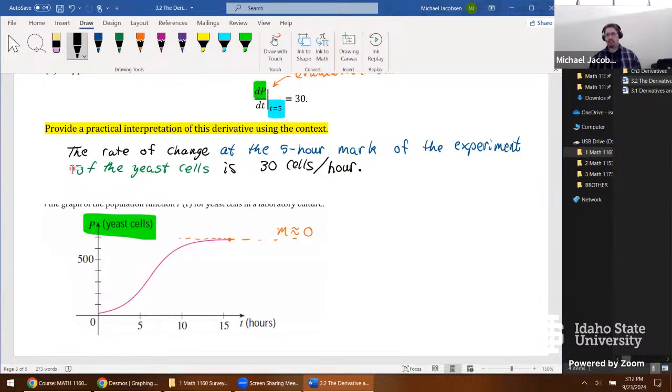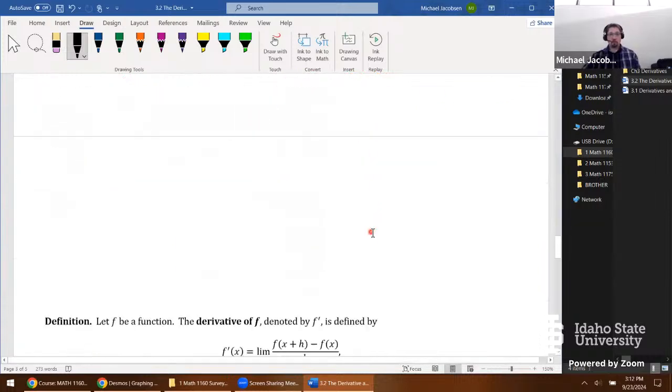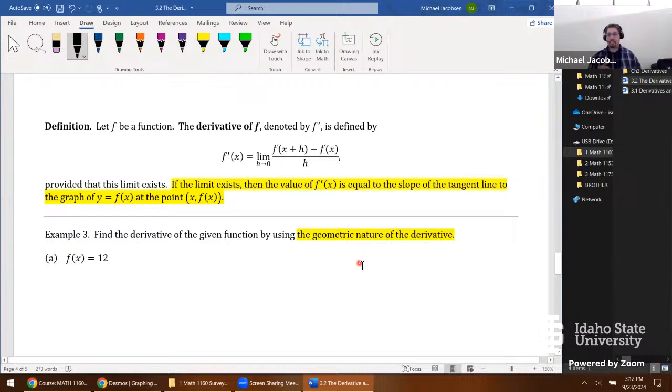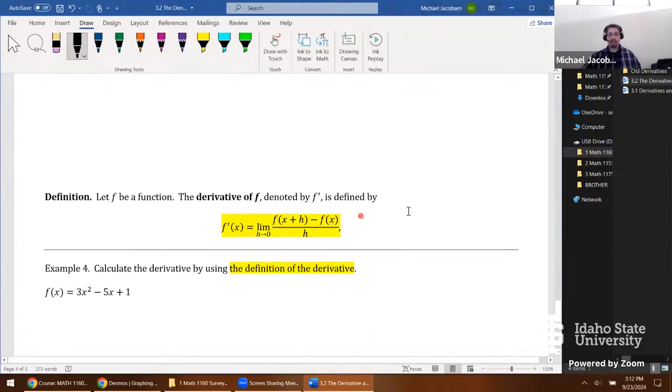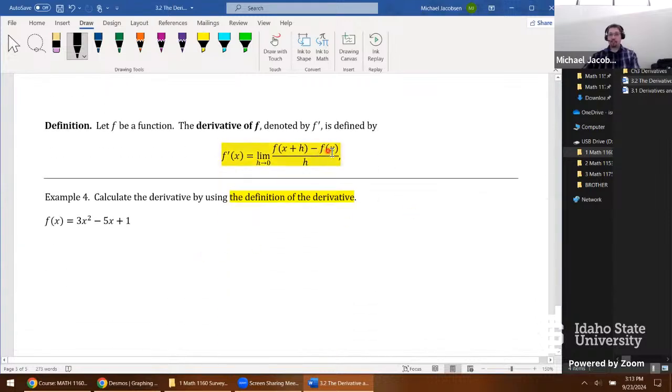Okay, again, think of this section 3.2 as basically a rehash of section 3.1. We're focusing a little bit more on the geometry of the derivatives. And so when we come back on Wednesday, we'll actually calculate a couple more by just using the geometric nature of the derivative. We can do some really fast problems on part A, part B. Then finally, we'll practice doing this difference quotient again, the definition of the derivative.